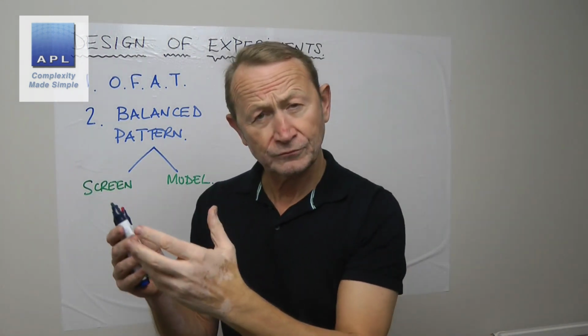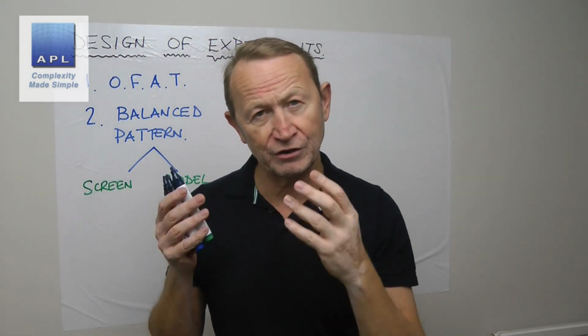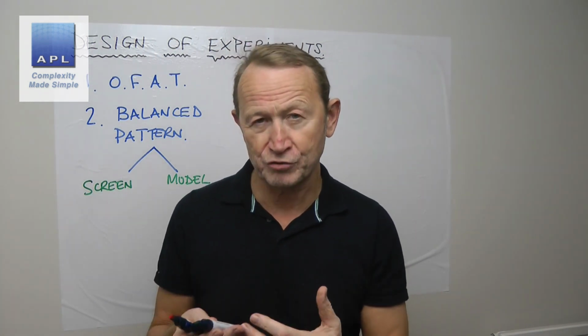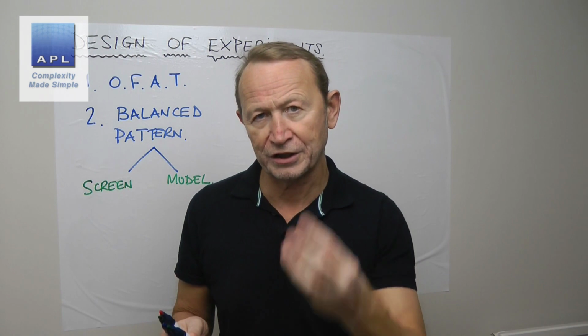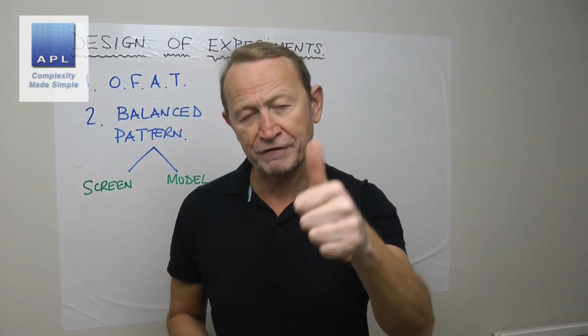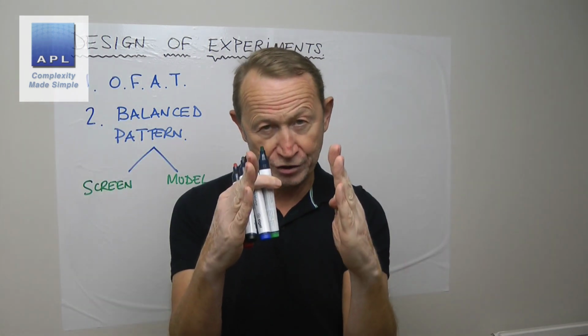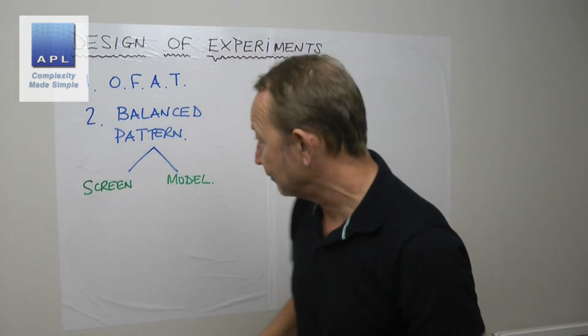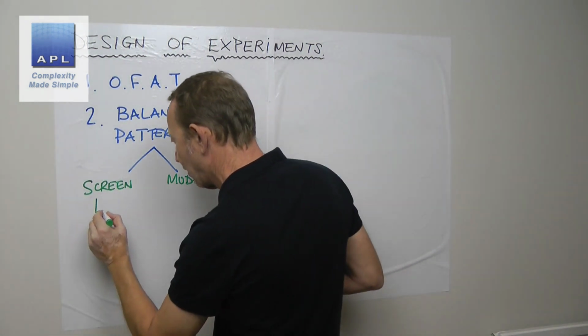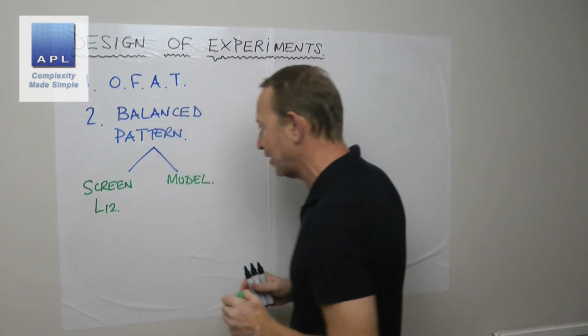Now, we've practiced screening with the catapult exercise. You've identified, just using marginal mean graphs only, 3 variables that will shift the mean and 1 variable that will reduce the variability, reduce the standard deviation. So you've done a screening DOE. Our weapon of choice is an L12.